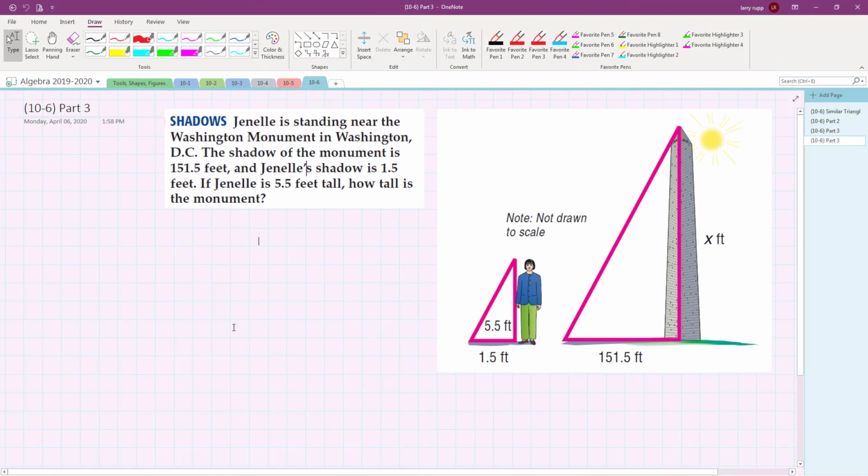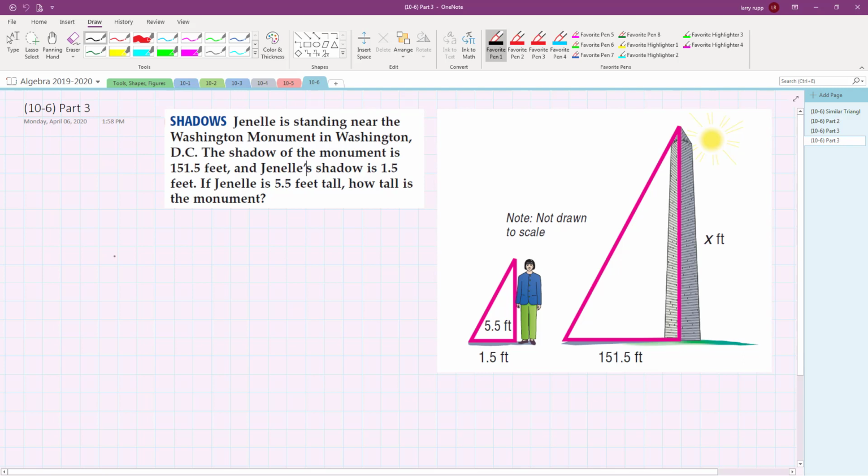All right, let's do the last example here. And I put both the drawing and the problem itself into our document so that it would be easier to solve. Back here again, it says Janelle is standing near the Washington Monument in Washington, D.C. The shadow of the monument is 151.5 feet, and Janelle's shadow is 1.5 feet. If Janelle is 5.5 feet tall, how tall is the monument?